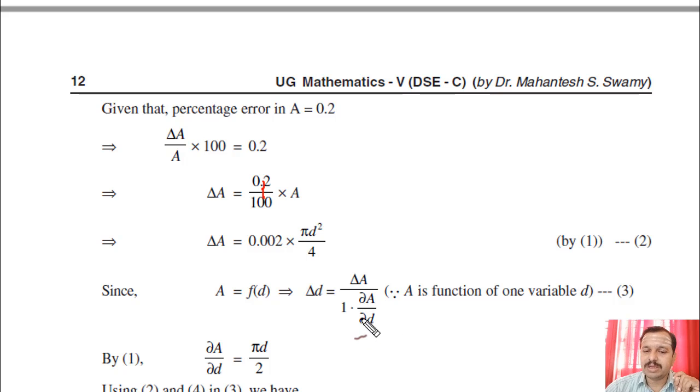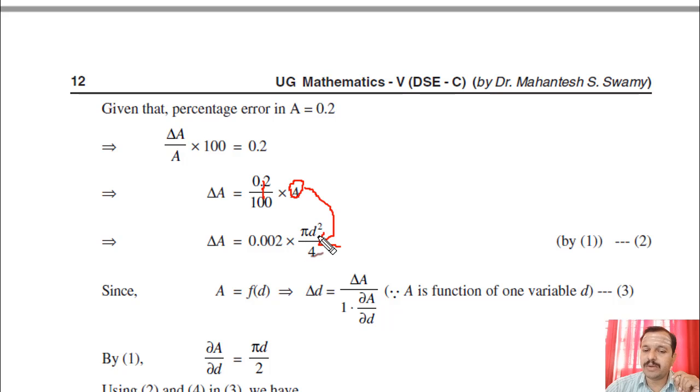Now if we simplify, what is the value of dou A by dou d? We know that A is pi d square by 4. If you differentiate A partially with respect to d, pi by 4 remains constant, d square becomes 2d.